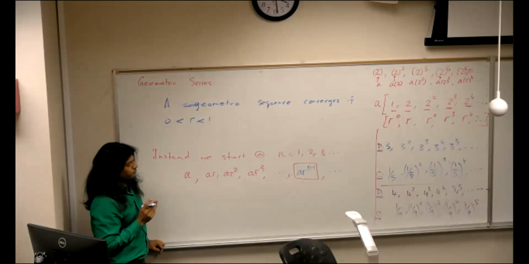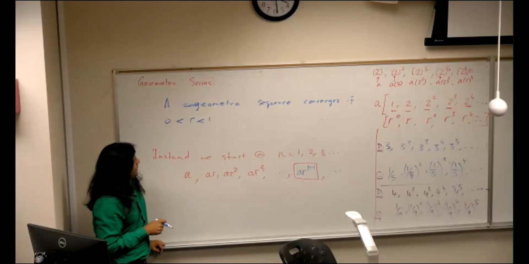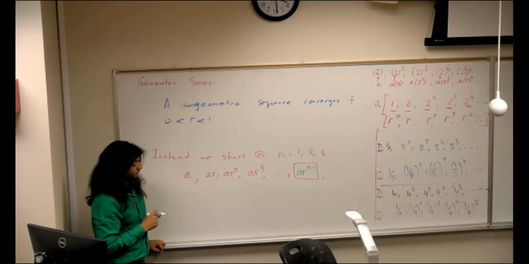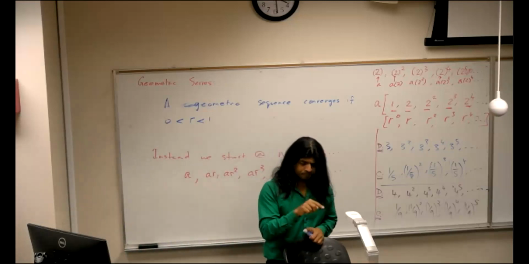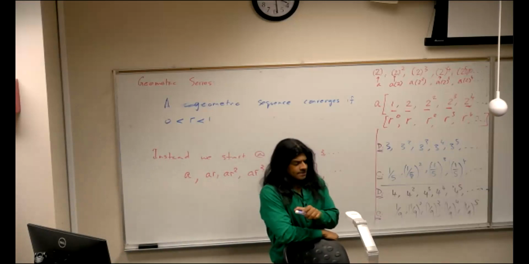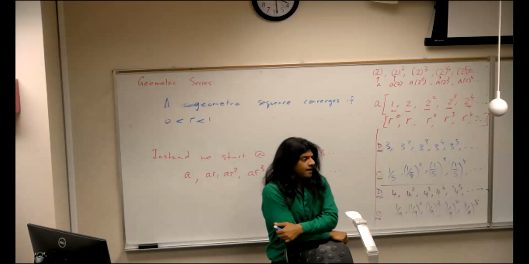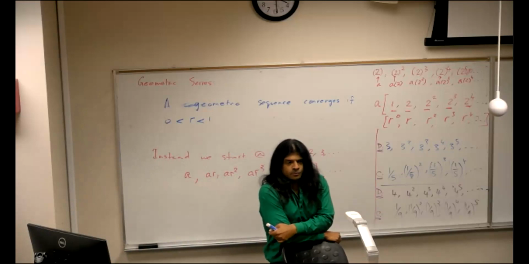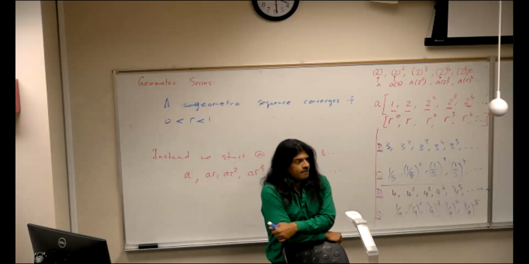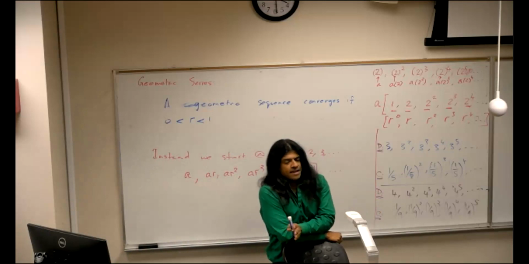Good. So what if I did -1 to 0, excuse me. In other words, R is a proper fraction, but only on the negative side. So will that converge? Give me a negative proper fraction.